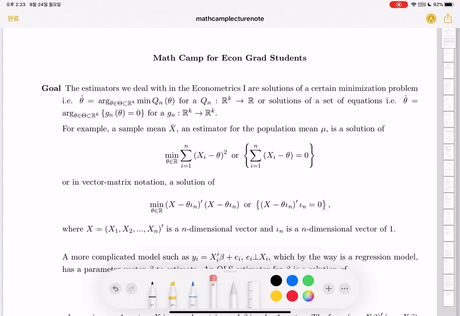And to do that, you need to know some fundamental things about linear algebra and statistics and so on. So the purpose of the math camp for the econometrics is to get you familiar with those parts.